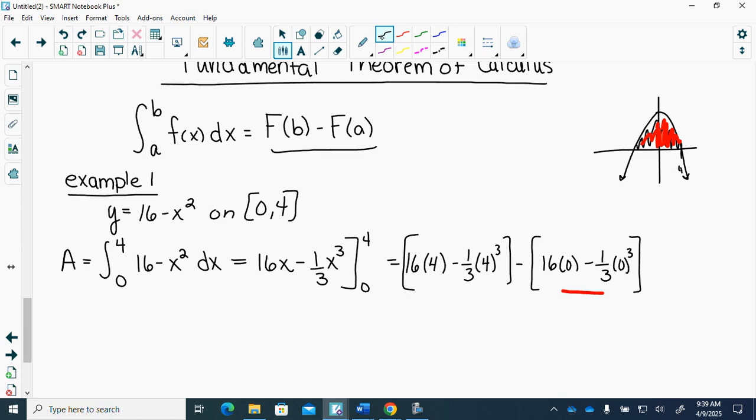All right. So, doing that math, 16 times 4 minus 1/3 of 4 cubed. I get 42.666.